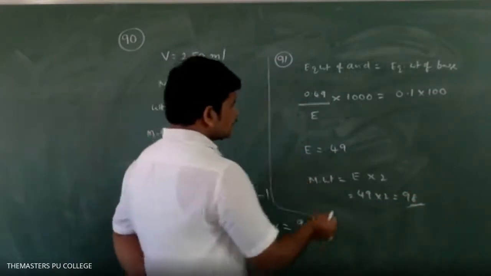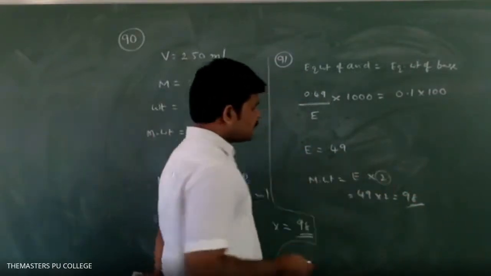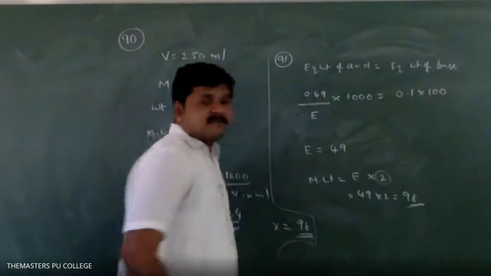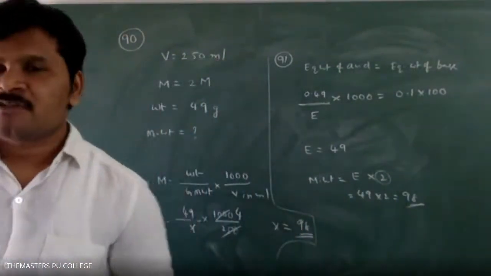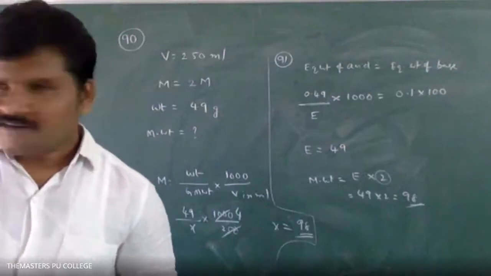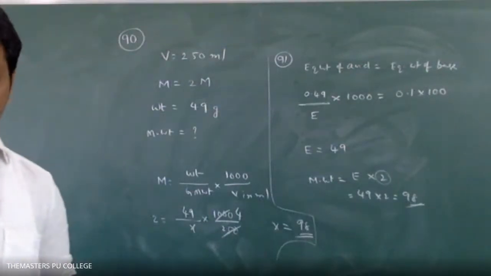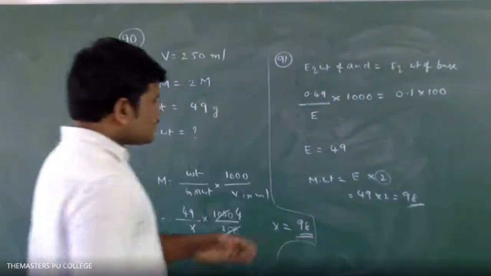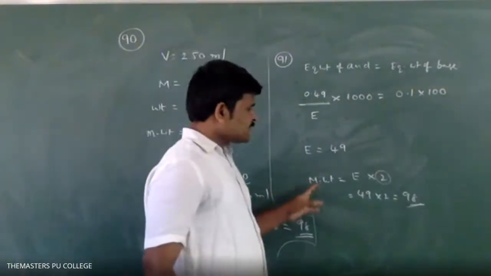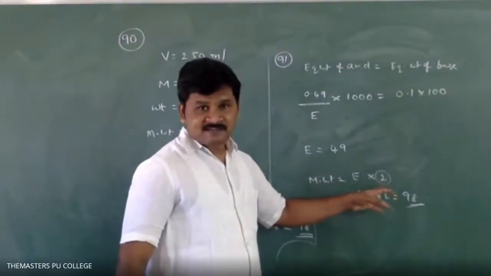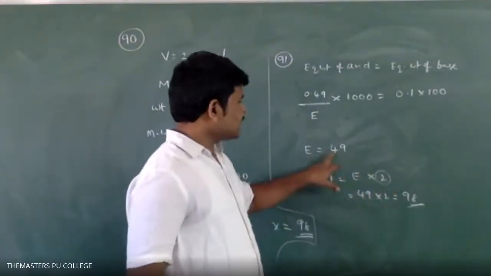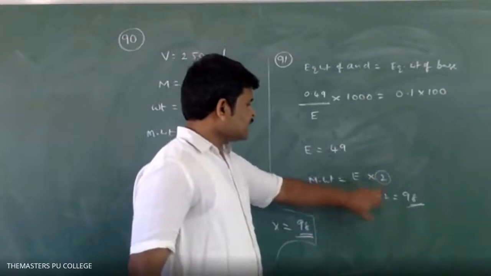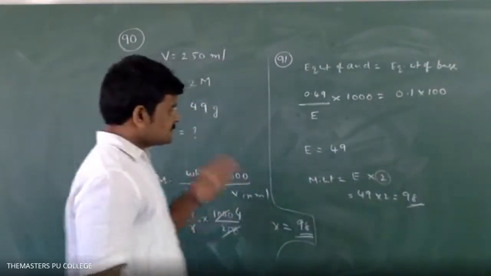Why am I taking this 2? Here I applied equivalent weight is equal to molecular weight by basicity. But I want molecular weight. Molecular weight is equal to equivalent weight into basicity. So 98 is the answer.